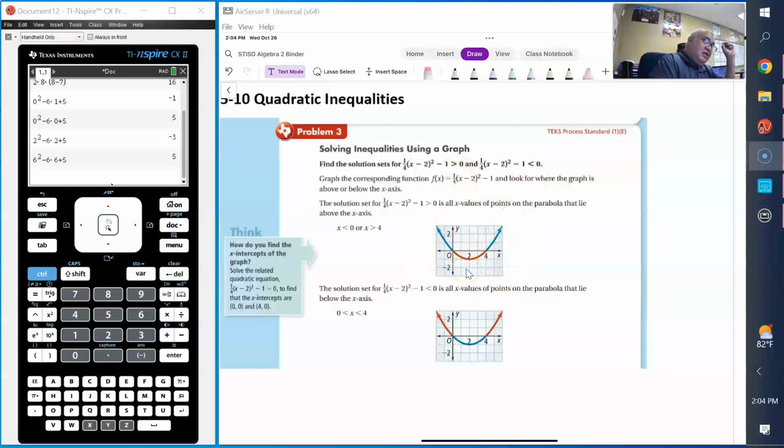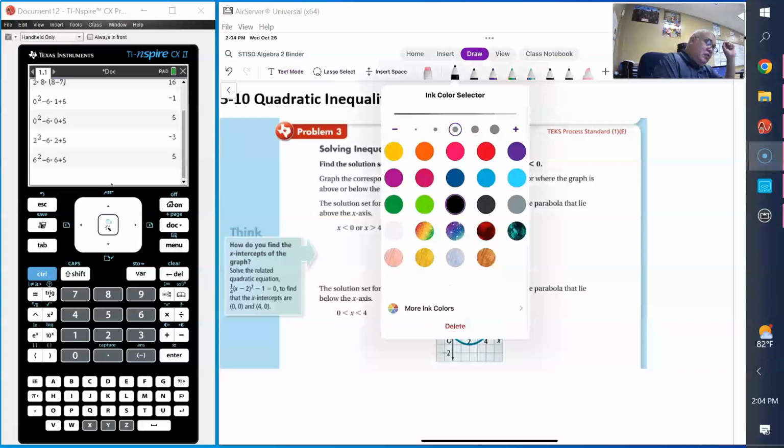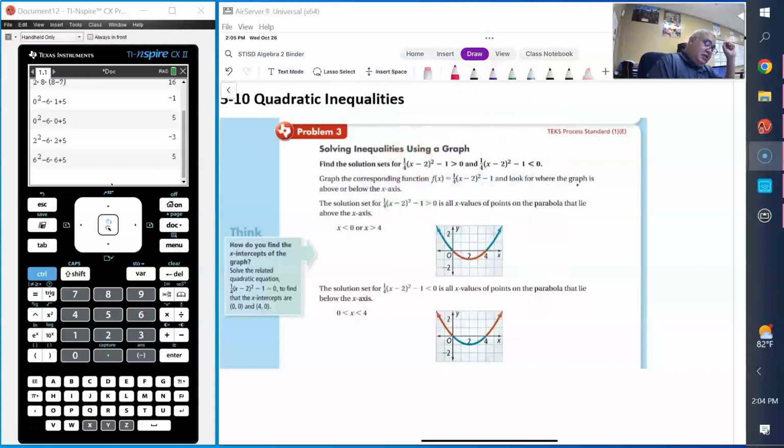In this graph, the only part that is greater than 0 occurs after 4. That means x is greater than 4. And it also occurs over here, where x is less than 0.